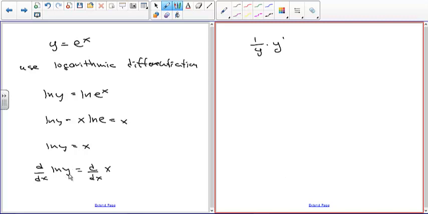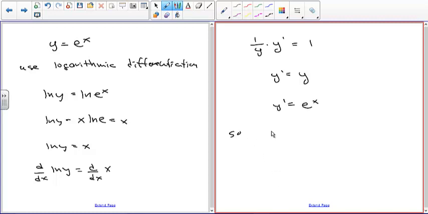The derivative of the natural log of x would be 1 over x, but the derivative of the natural log of y is 1 over y times y prime. And the derivative of x with respect to x is 1. That's the next step in logarithmic differentiation. Then I solve for y prime. Multiply both sides by y, and then I go back to my original equation and plug in what y was equal to. I get y prime is equal to e to the x.